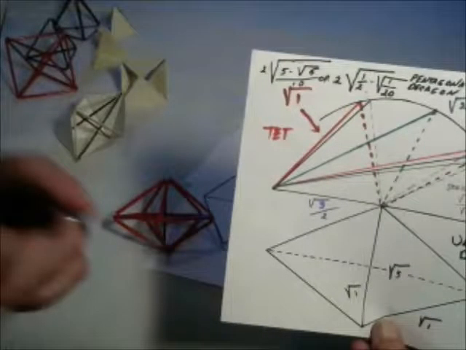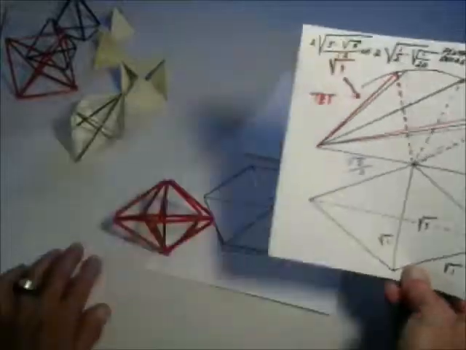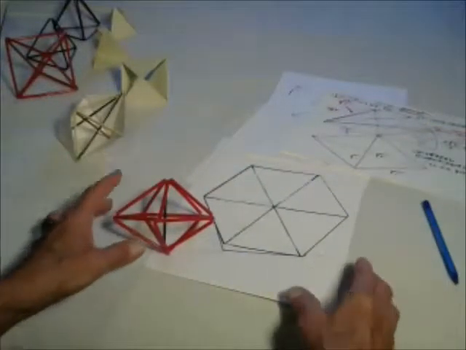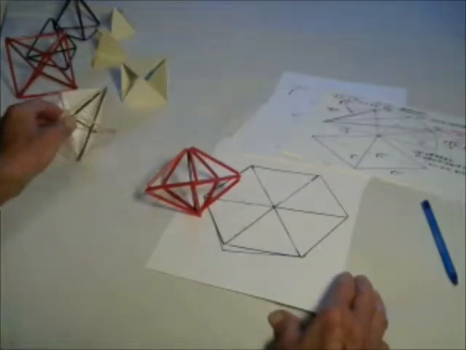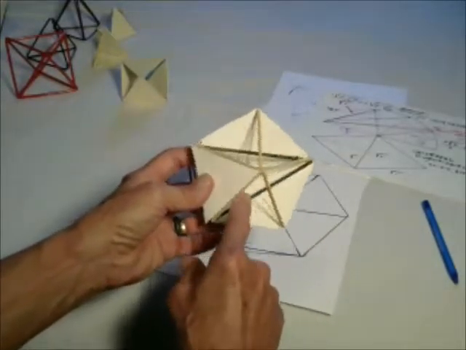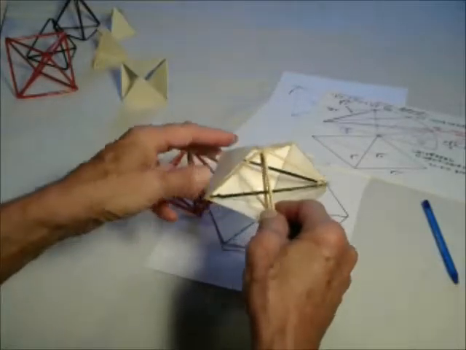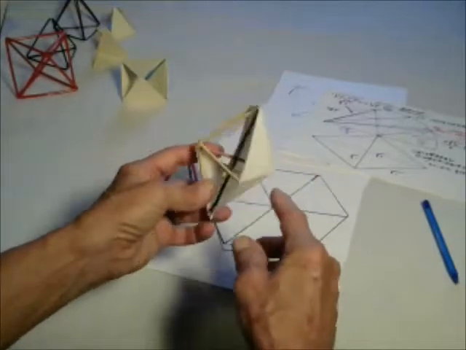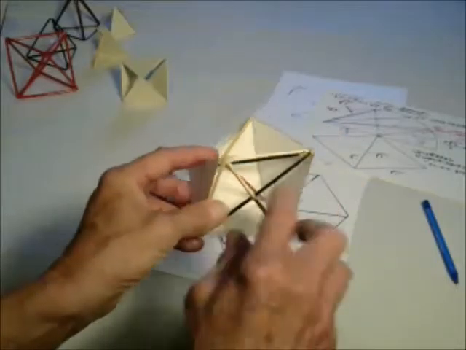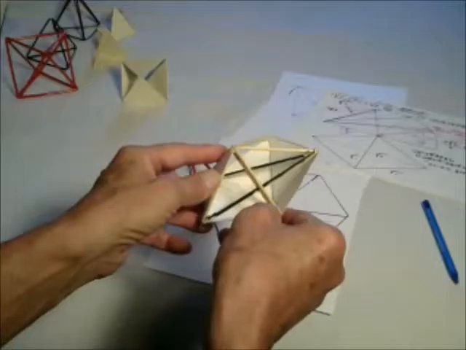Okay, and so we're back into our click stops, right? And it's self-generating right here before your eyes. Now, here's another picture of it, and here it is with phi indicated in there. And then there's two possible click stops. There's this one, and there's this acute one right here.